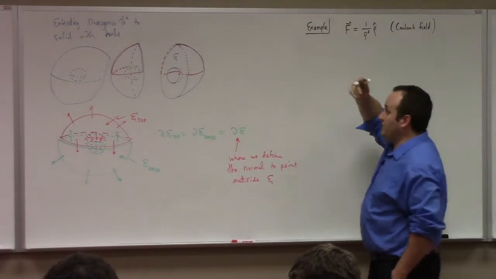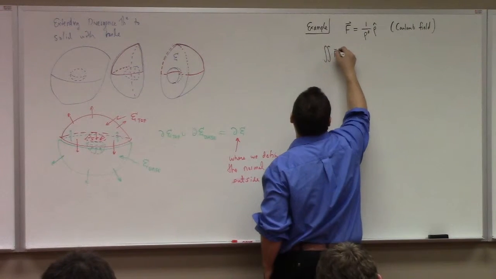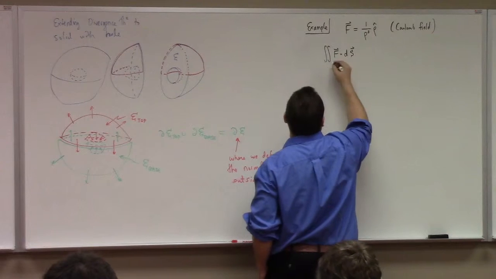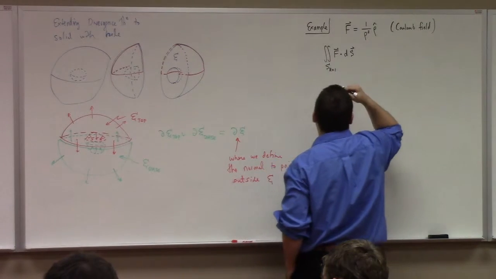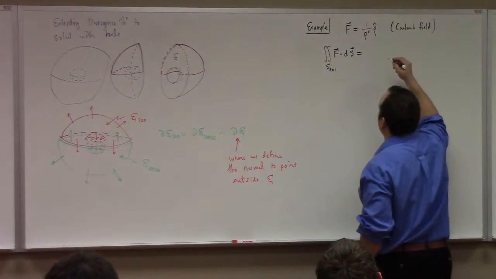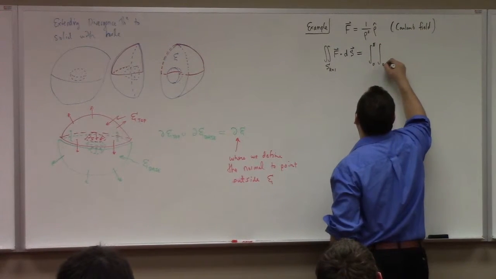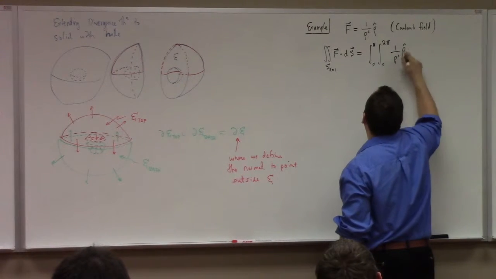And we have previously calculated that the flux of that over the sphere of radius 1 is 4 pi. Here, I'll work it out again. Integral from 0 to pi, integral from 0 to 2 pi, 1 over rho squared rho hat.